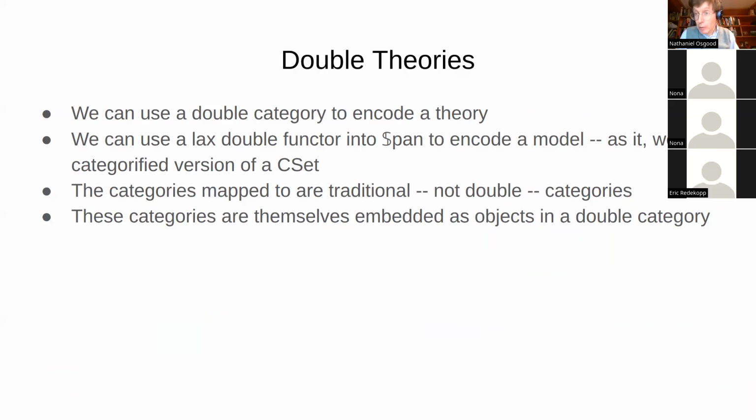Instead of having tables that have a primary key and foreign keys, those tables are now categories. And just like the tables had foreign keys to other tables, now you have functors from one category to another. And so each of those categories can have its own internal structure.